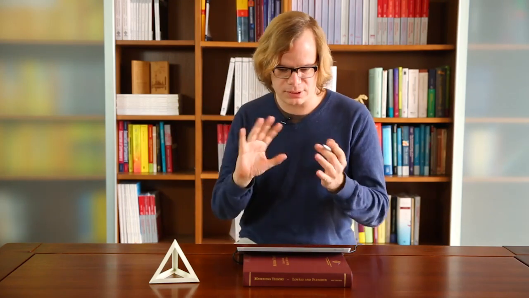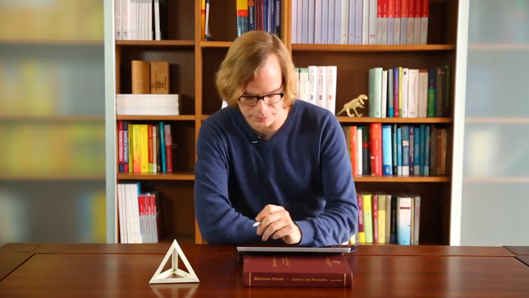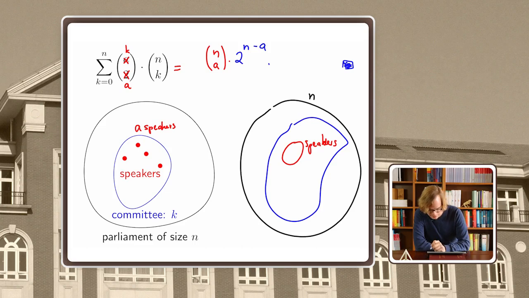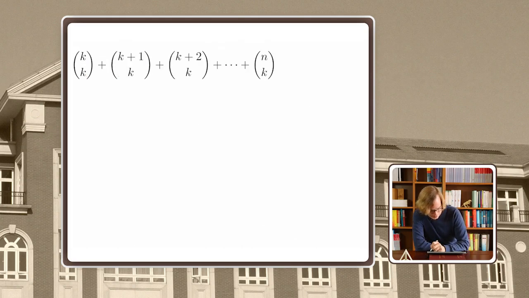Okay, so we saw a bunch of combinatorial identities and had an intuitive proof using some of these combinatorial interpretations. So let me actually show you another example, because we will need this later. So we have this sum here, which I can compactly write as this, and actually we can also start the summation at 0.